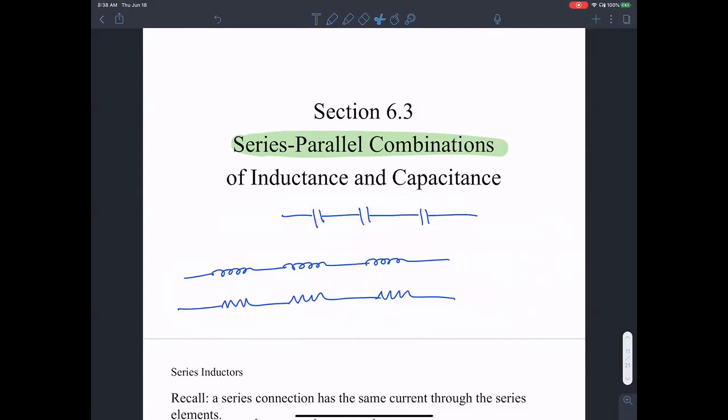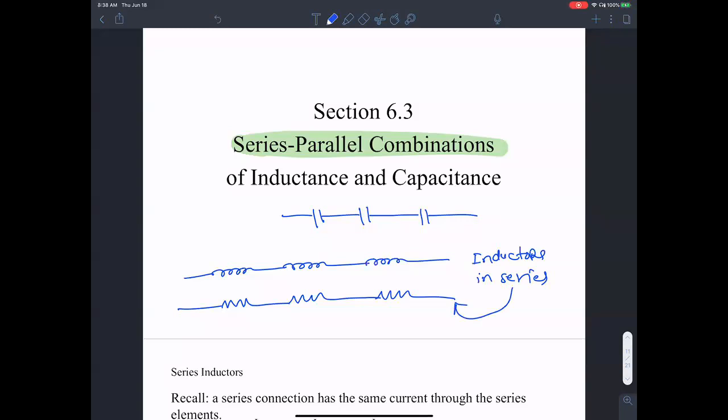So, spoiler alert here, inductors in series behave like resistors in series.